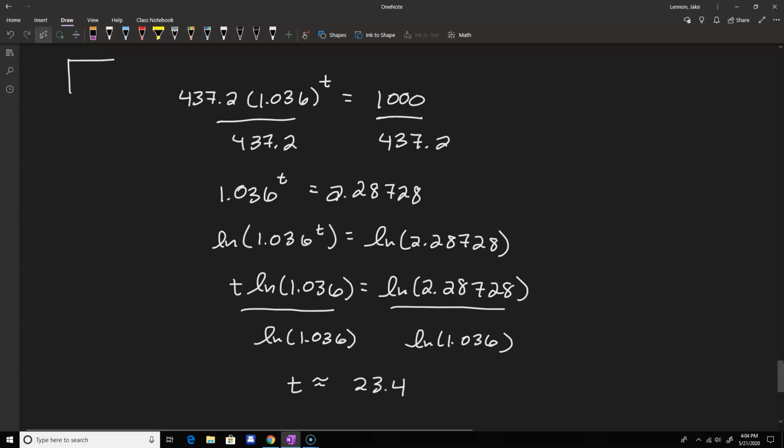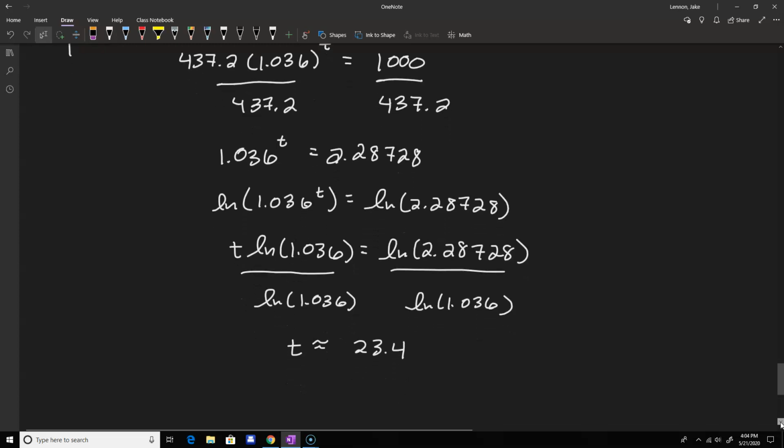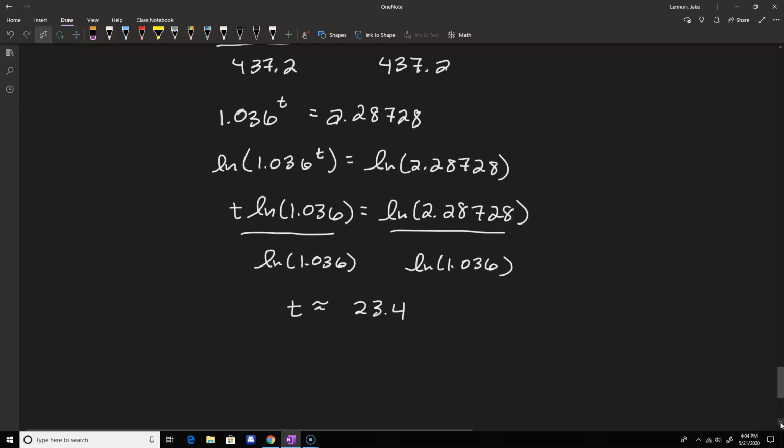Okay, since it's a word problem, we should have the final answer as a sentence. If you do 1995 plus 23, you would get 2018, and if you did 1995 plus 24, you'd get 2019. So basically, this is telling us that we're hitting our population goal sometime between 2018 and 2019.